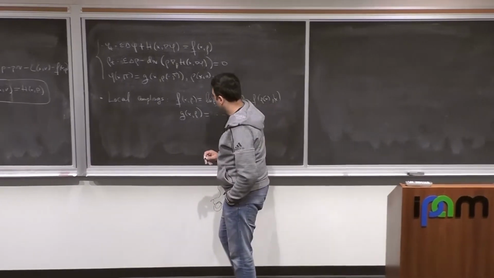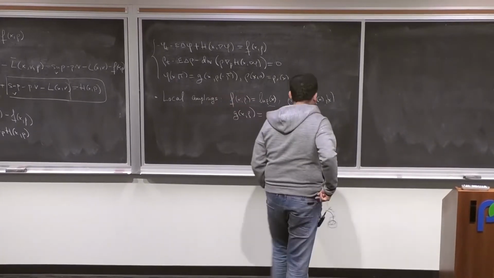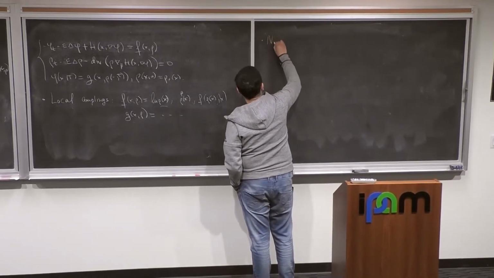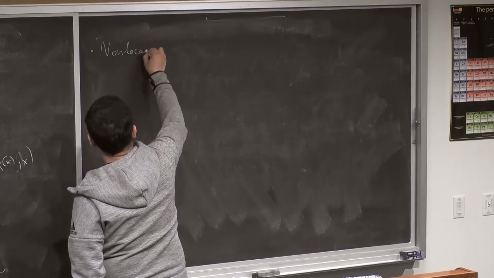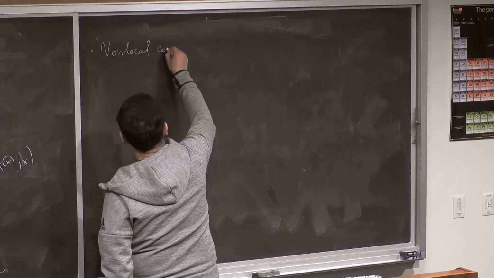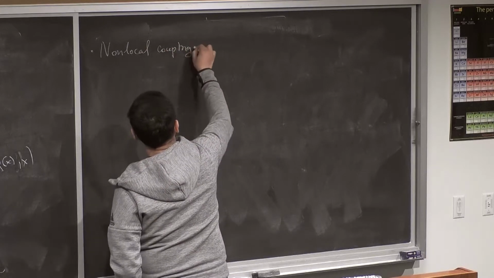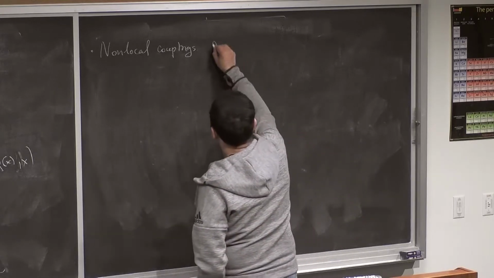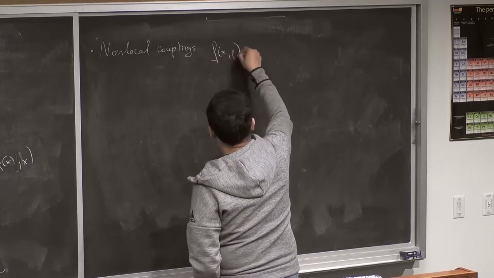Now the next class of couplings are non-local. And examples are something like this.